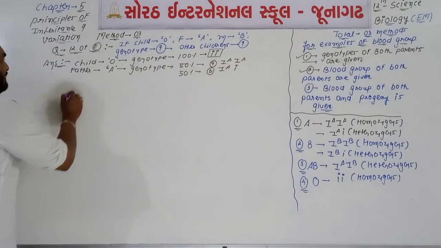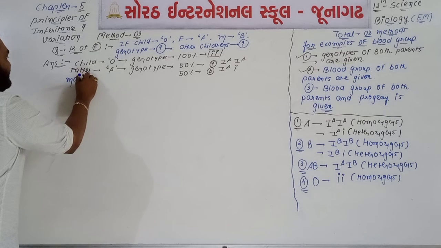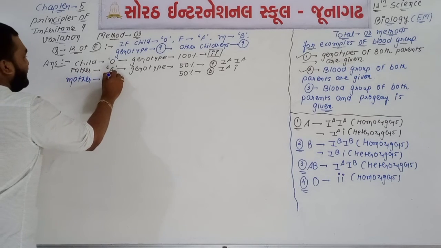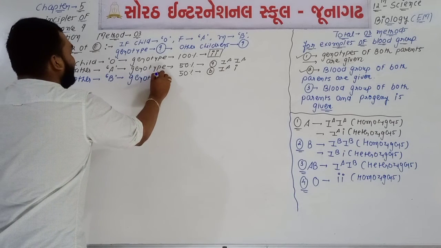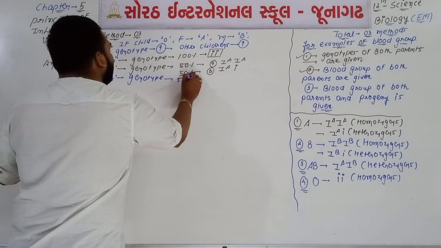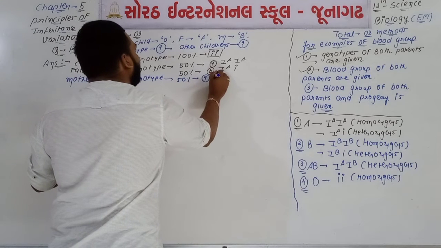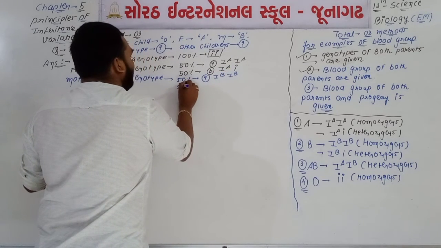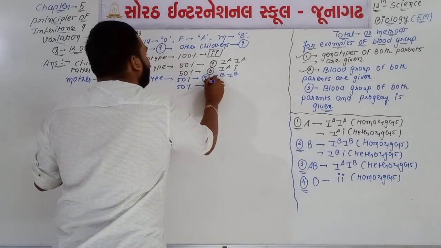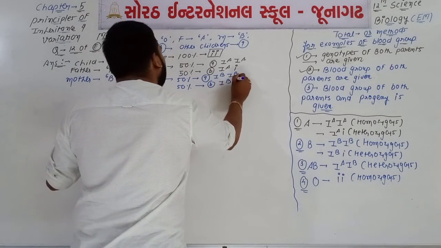The blood group of mother is B. What about the genotype? 50% chances of IB IB and 50% chances of IB and small i.